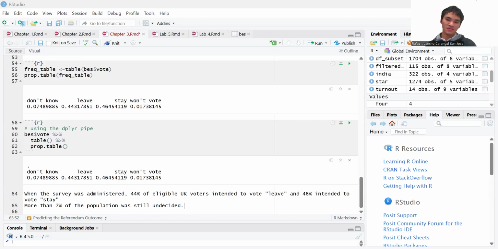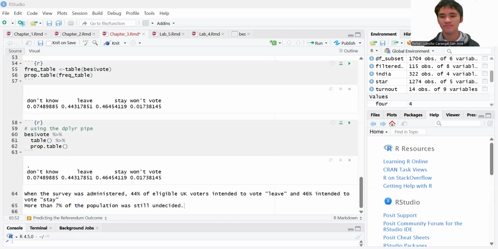At this time, a slightly higher proportion of respondents intended to vote stay rather than leave. The proportion of undecided, however, was larger than this difference, 7% greater than 46 minus 44.